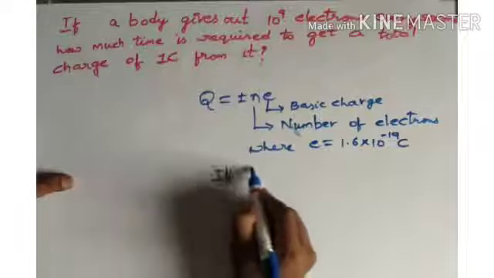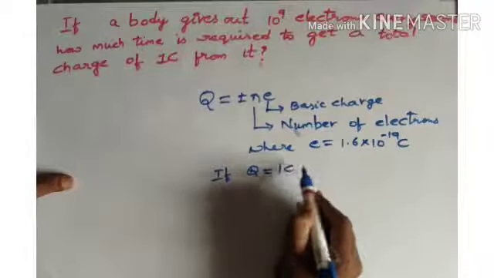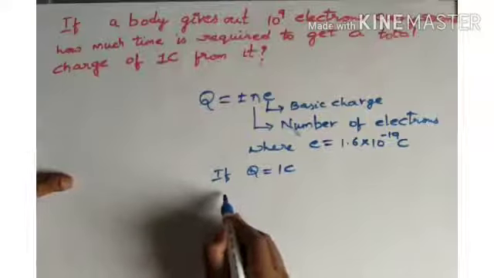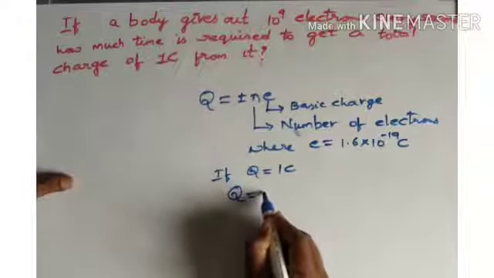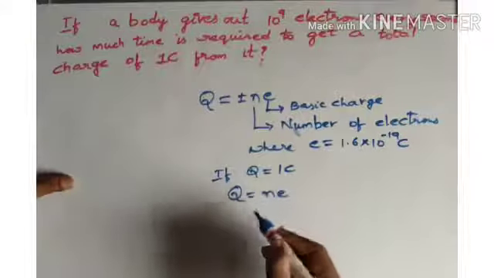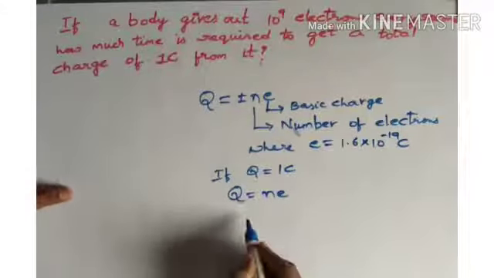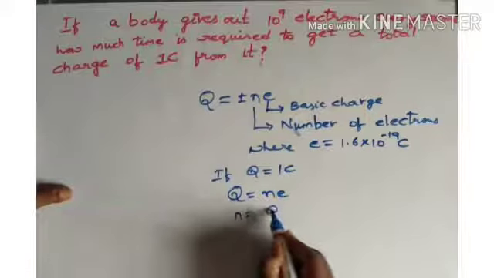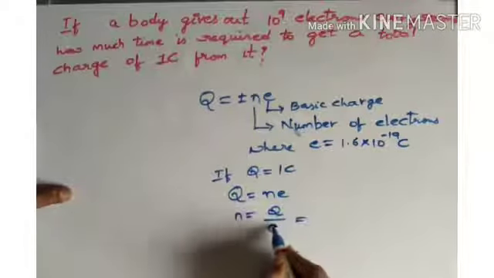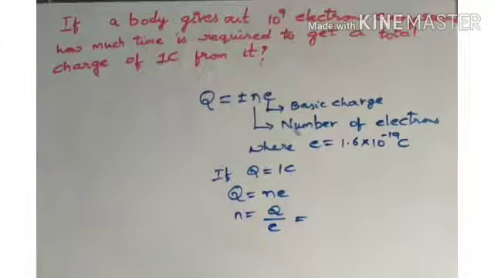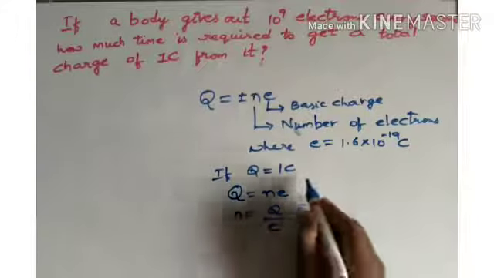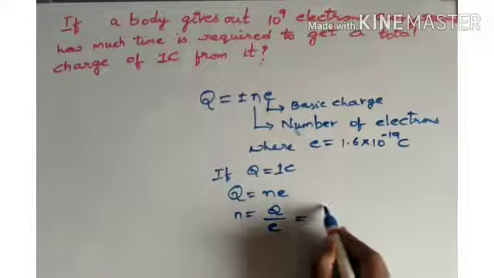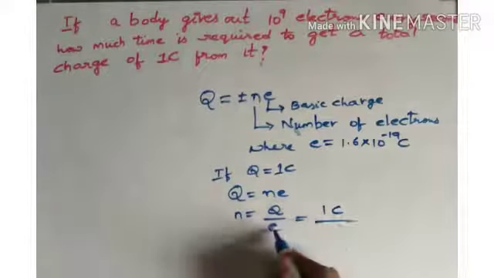If Q is equal to 1 coulomb, then N is equal to Q by E. My main aim is to find the number of electrons present in 1 coulomb of charge. So Q is 1 coulomb, divided by the E value.